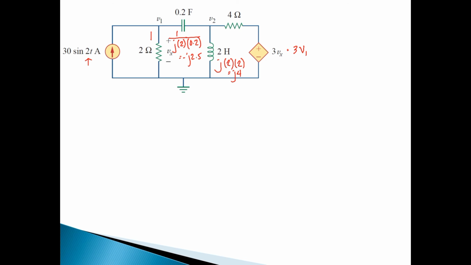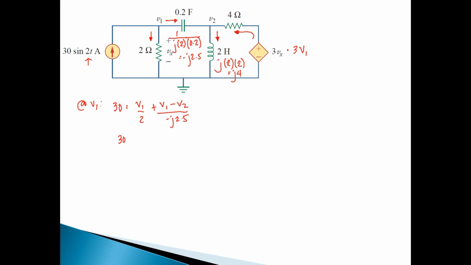Now for the assumption of the direction of current, so current here is going down to the ground, and then since this is positive, current here is going to the left, and then let's say the current here is going to the right. Now let's consider the equation from the nodal voltage V1. Current entering is equal to 30. Current leaving is equal to V1 over 2 plus V1 minus V2 all over negative j2.5.